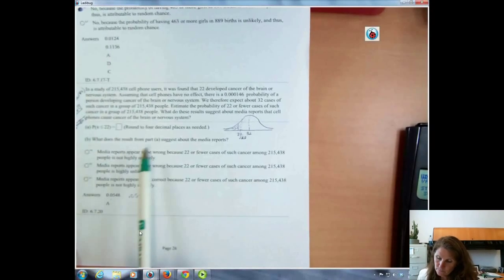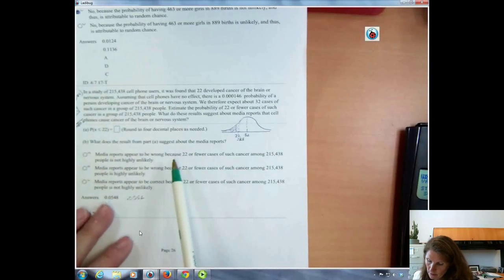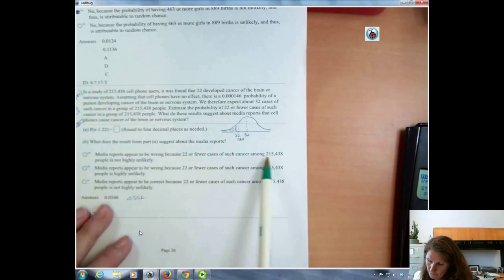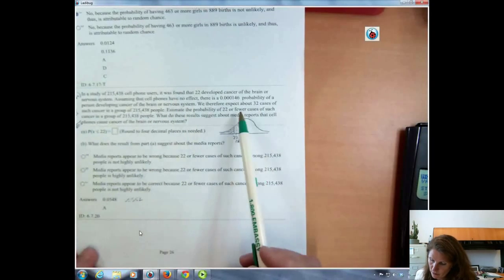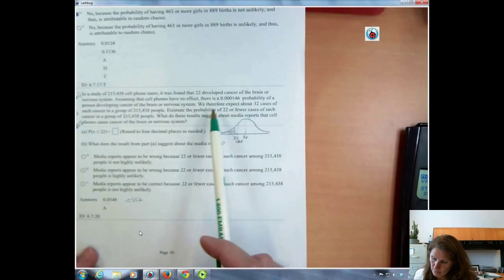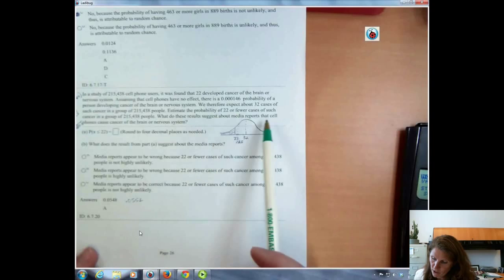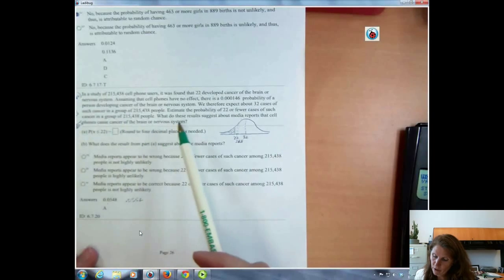Okay. So what does this result suggest? What were the media reports? The media reports that cell phones cause cancer of the brain or nervous system.